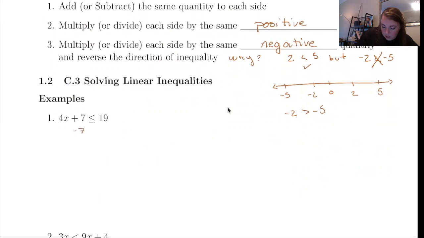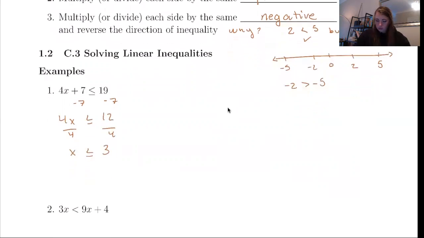So I'm going to subtract 7 from both sides. So 4x is going to be less than or equal to 19 minus 7, which is 12. I can add or subtract the same quantity on each side, even though I'm subtracting and there's a negative kind of involved. I'm not dividing or multiplying by it, so I don't need to switch the sign. And then I'm dividing each side by 4. 4 is a positive number. So x is going to be less than or equal to 3.